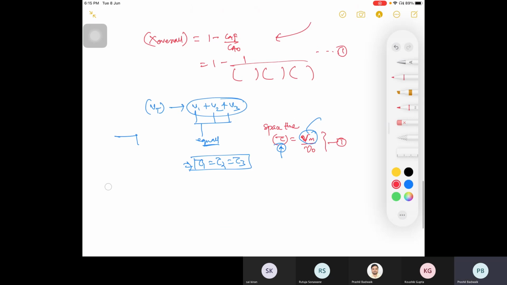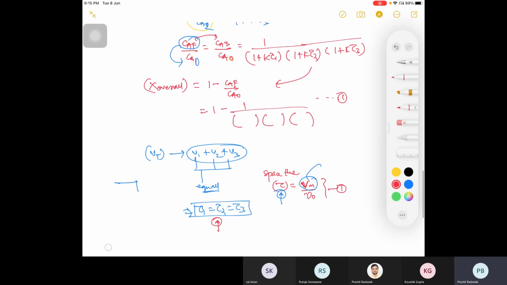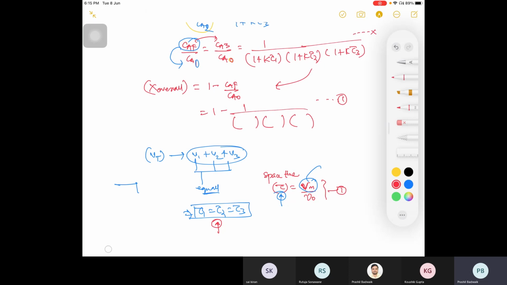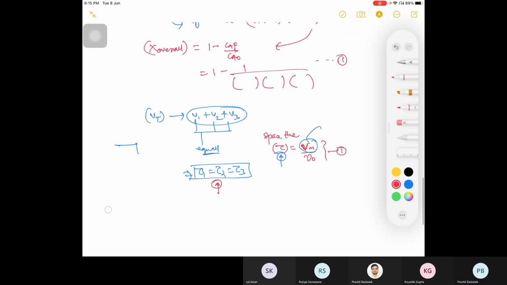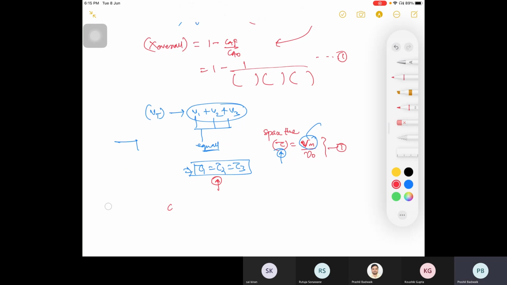So you substitute these values here in this equation star x. So you will have Ca final divided by Ca naught is equal to 1 upon 1 plus k tau to the power n, right?